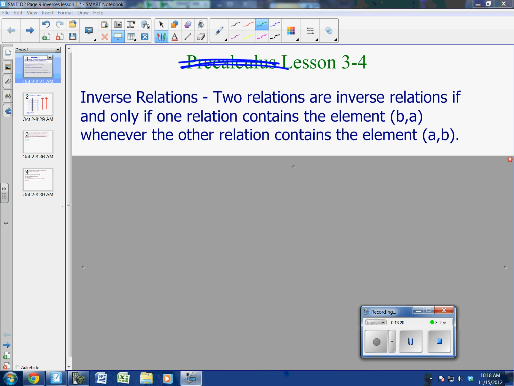Let me show you what that means. If you make an XY table, and let's say you had in your table 1, 3, 7 for the X numbers, and for the Y numbers we had 5, 2, and 8.